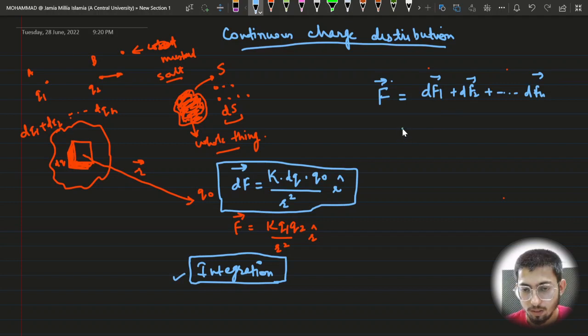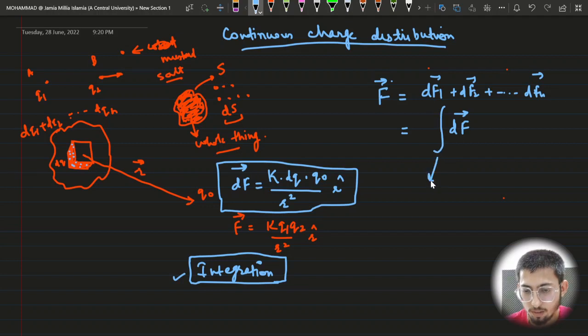But in actual terms, since all of them are identical dqs, we take the force due to one dq and integrate using this symbol.